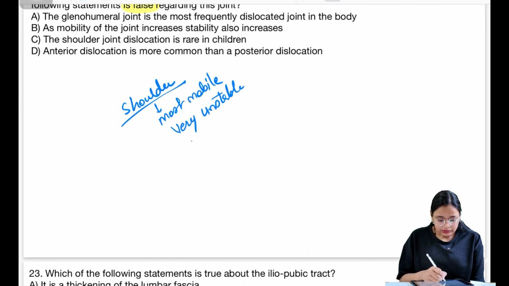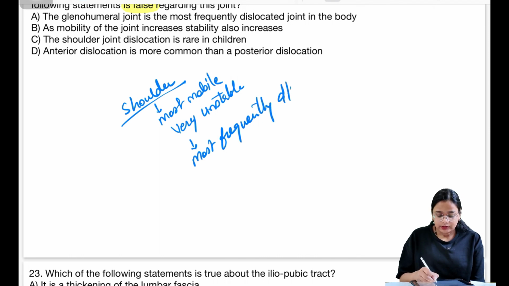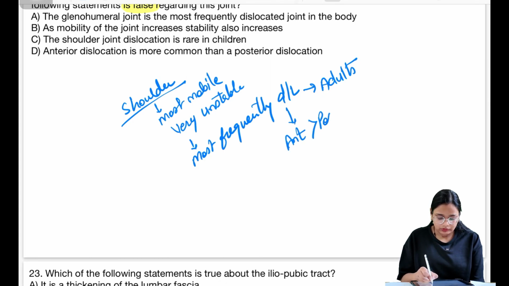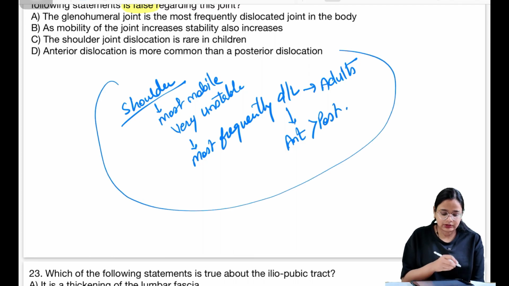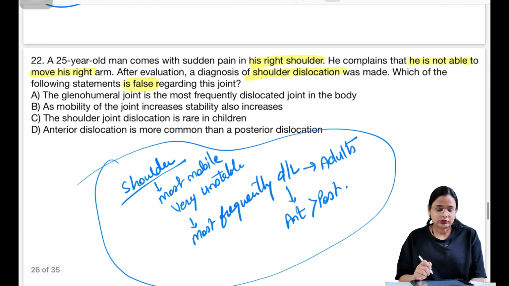It is most frequently dislocated, more commonly in adults compared to children, and the most common dislocation is anterior rather than posterior dislocation. So all these questions are about dislocation of the shoulder joint.